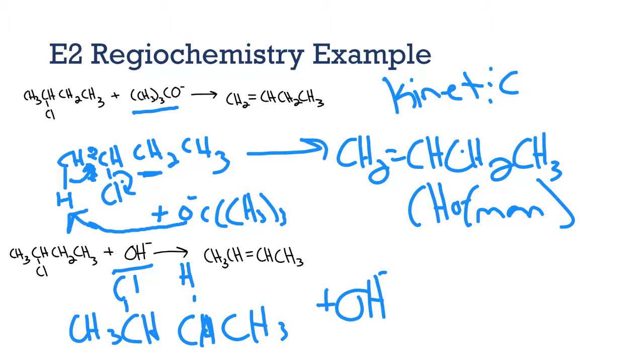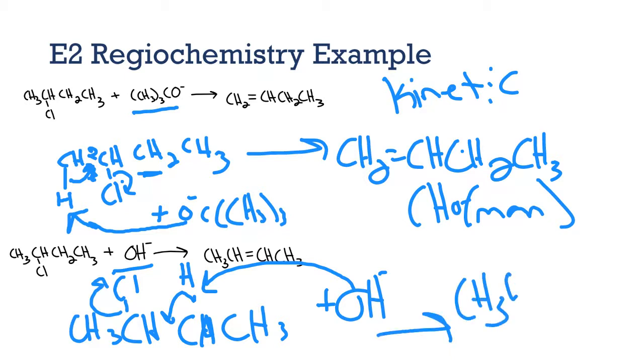So this hydroxide will take this hydrogen from that third carbon, and I'll get a more stable product, because there's no steric hindrance, or there's minimal steric hindrance at least.